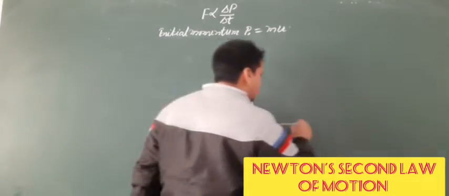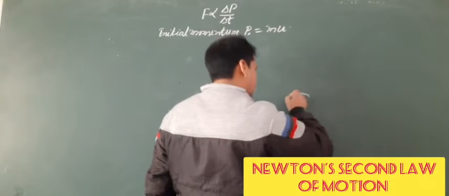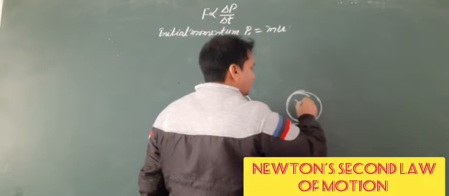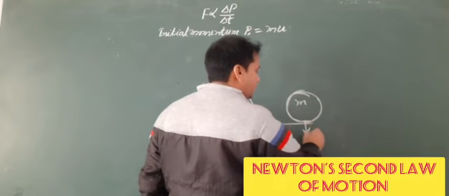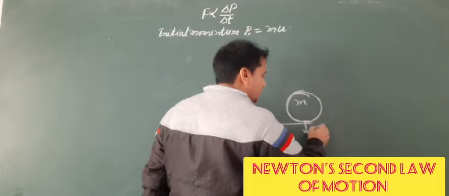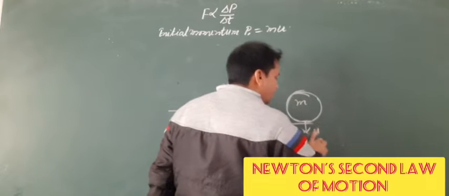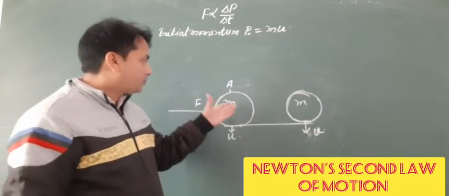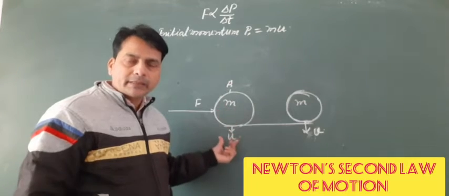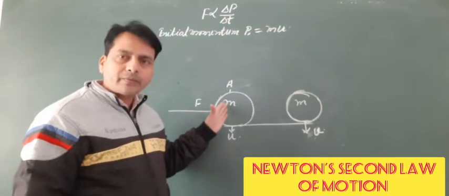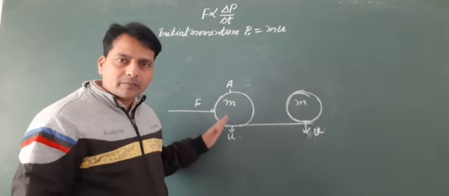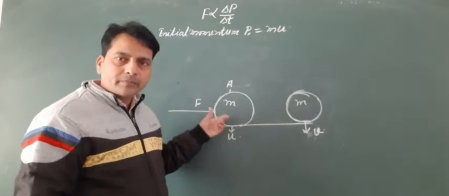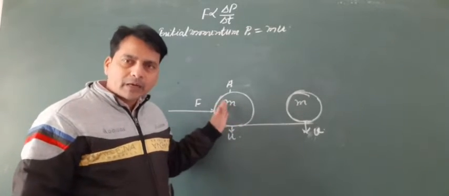The velocity of the object will change to a final velocity. The mass of object A is m and the initial velocity is u, so the initial momentum is m into u, as momentum is the product of mass and velocity.